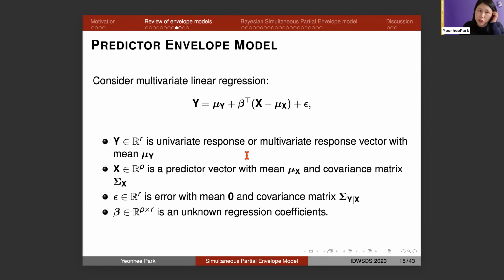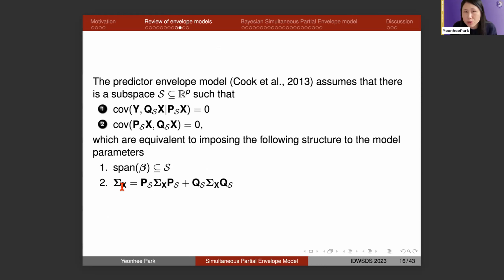So in the predictor envelope model, we reparameterize the model with the centered vector, and we assume that X is stochastic with mean mu X and covariance sigma X. And then we impose two conditions to construct the predictor envelope.